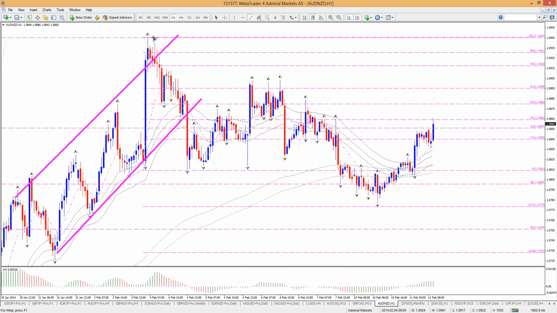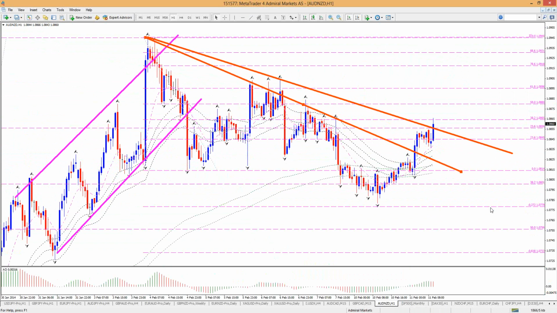Odd is even beating in New Zealand, as we can see. It broke, depending on how you draw the trend line, it either broke this one, and we still have maybe one trend line left, that's this one right in here. It's even breaking through that.